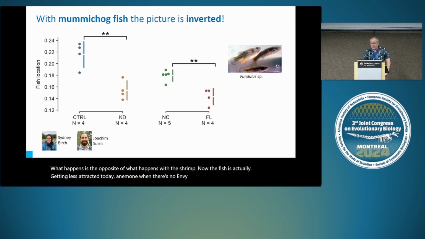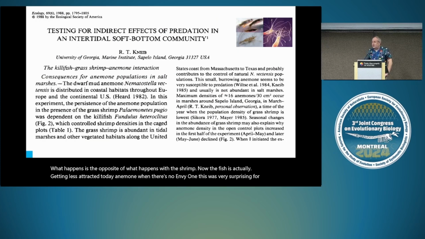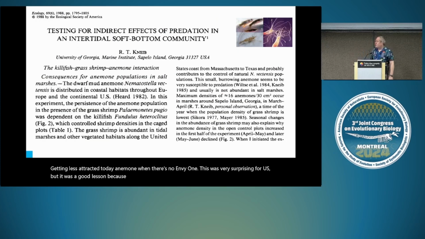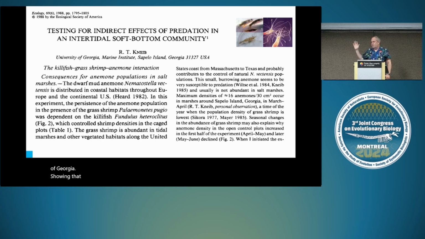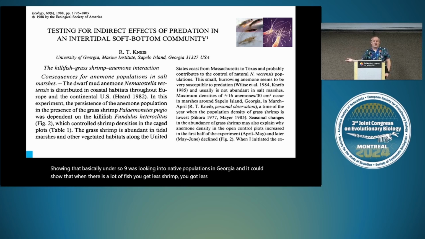This was very surprising for us, but it was a good lesson because we had to dig deep into the literature. And after digging into the literature, what we could find is actually a paper from 1988 from Ron Naib at the University of Georgia, showing that basically Naib was looking into native populations in Georgia, and he could show that when there is a lot of fish, you get less shrimp, you get more sea anemones.